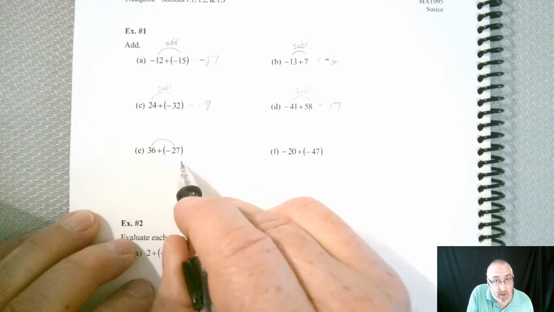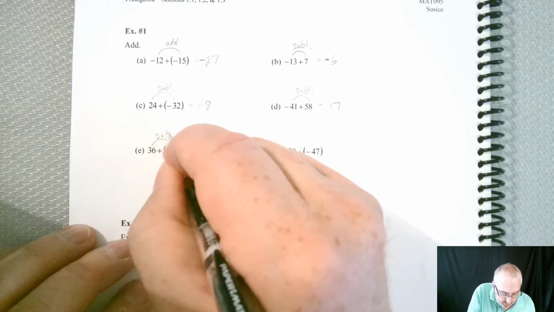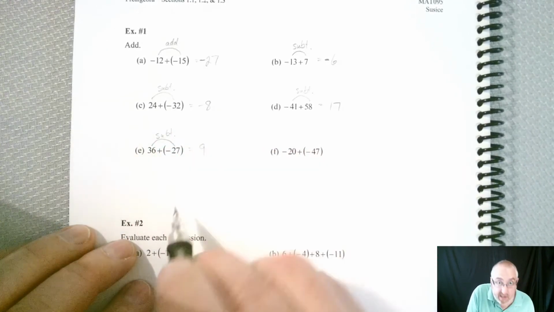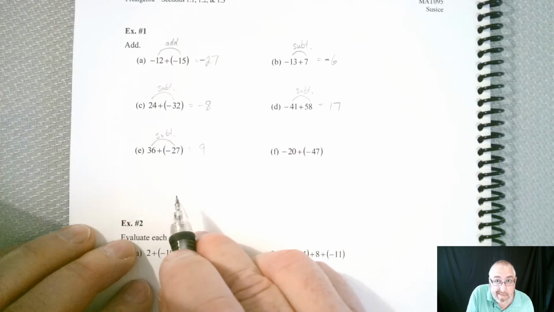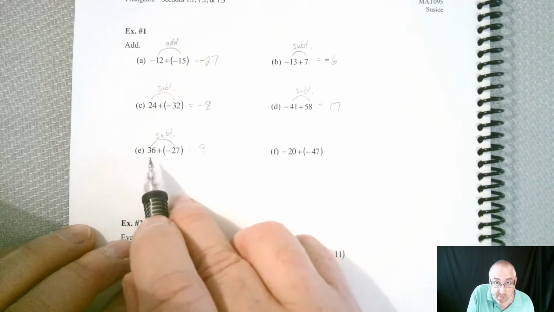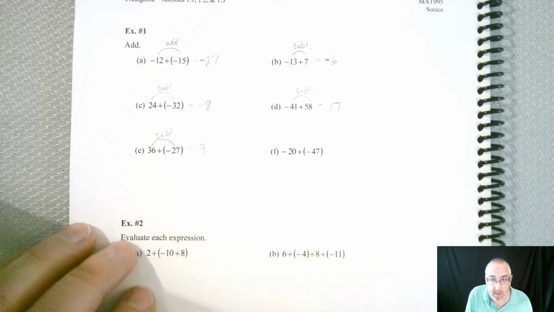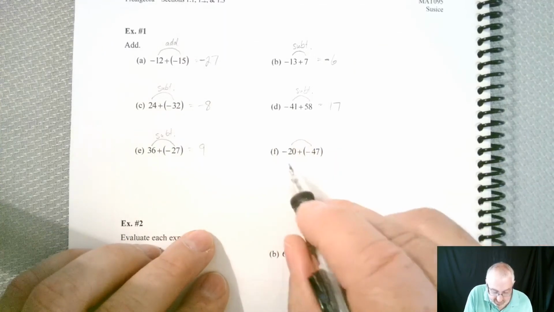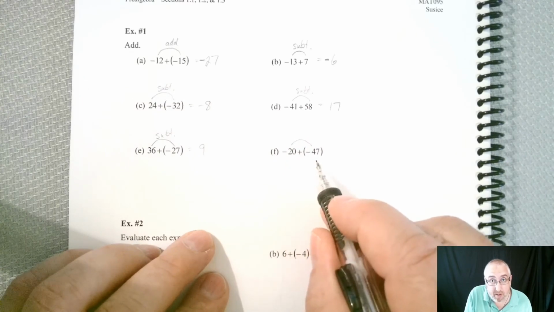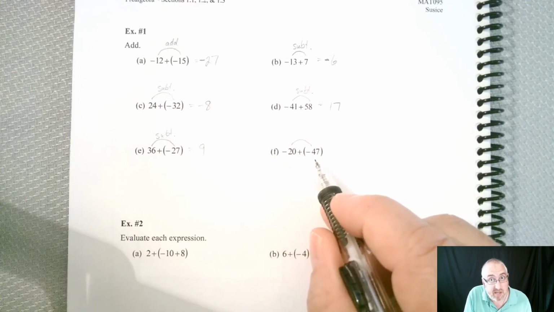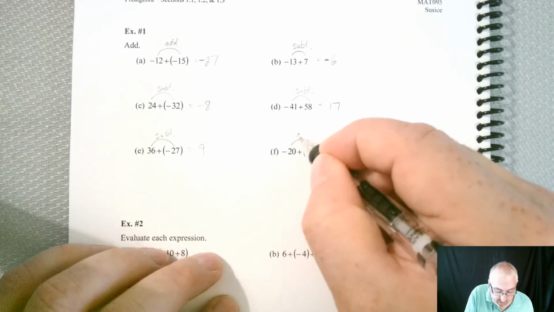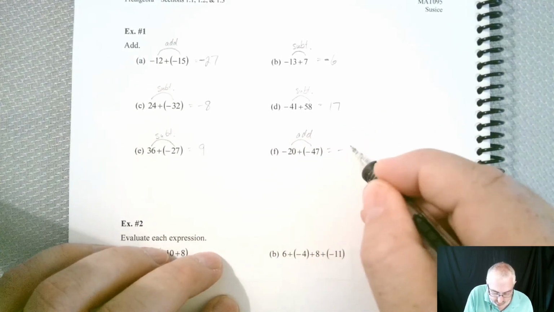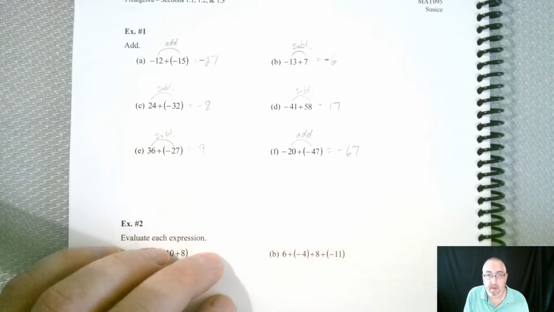Signs are different, so we've got to subtract. And if we subtract those, we better get 9. And is it positive 9 or negative 9? Well, 36 is bigger, so that means it's got to stay positive. Okay, one more. Negative 20 and negative 47. Signs are the same now, so if the signs are the same, we've got to add. And we should get a negative 67.